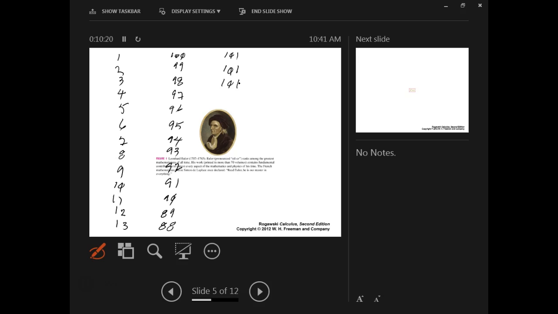So you have 50 numbers times 101. That's 5,050. Okay. Pretty sharp little cookie, wasn't he? I never would have thought of doing that, especially in elementary school.